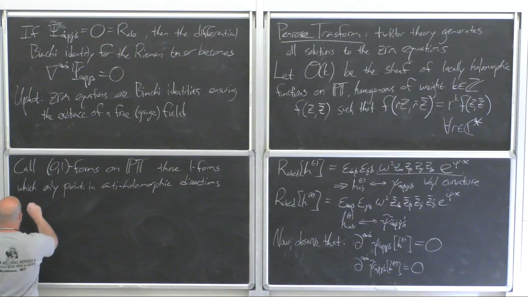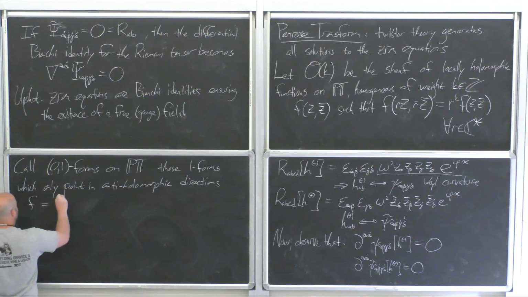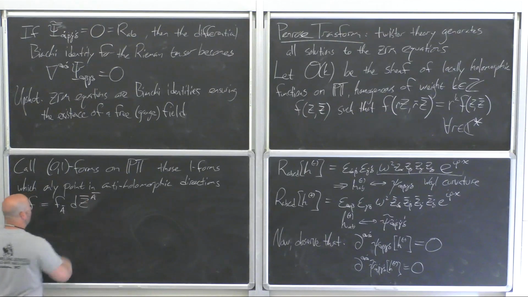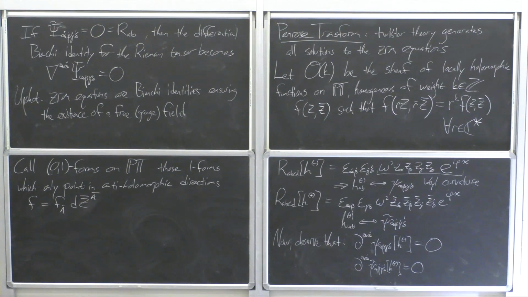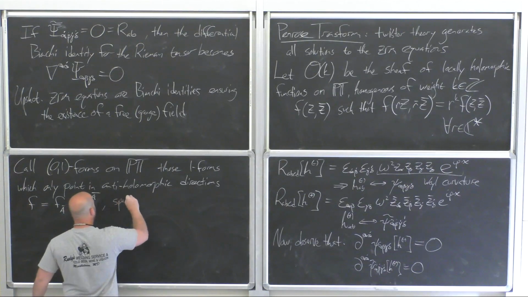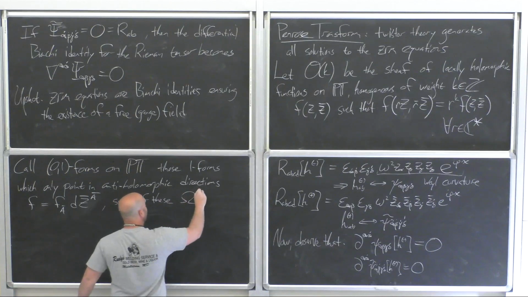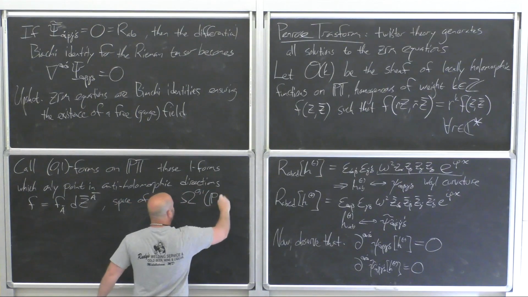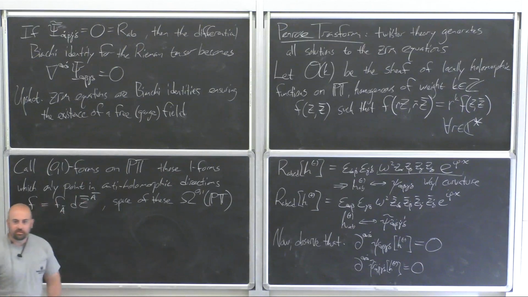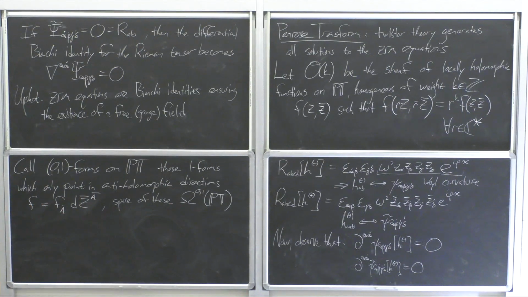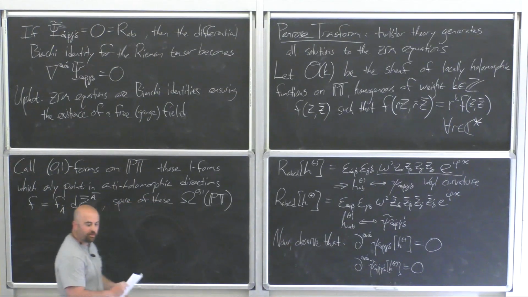I mean these are some f's which look like f_a-bar dZ bar of a-bar, written in terms of the homogeneous coordinates. And we'll denote the space of these things by omega 0,1 of PT. So if I write this, you think 1 forms whose 1 form leg points in a bar direction, an anti-holomorphic direction, living on twistor space. Okay.